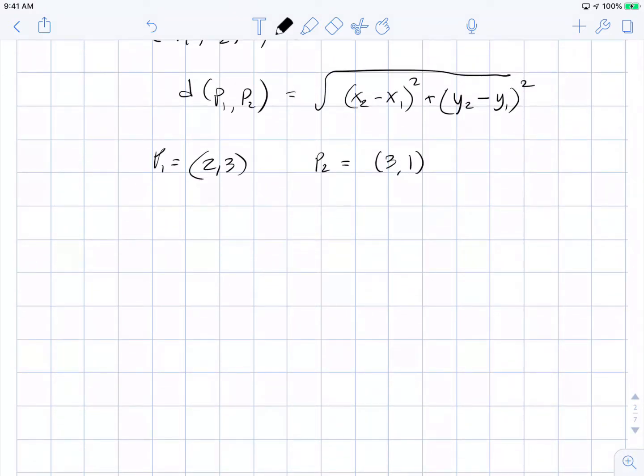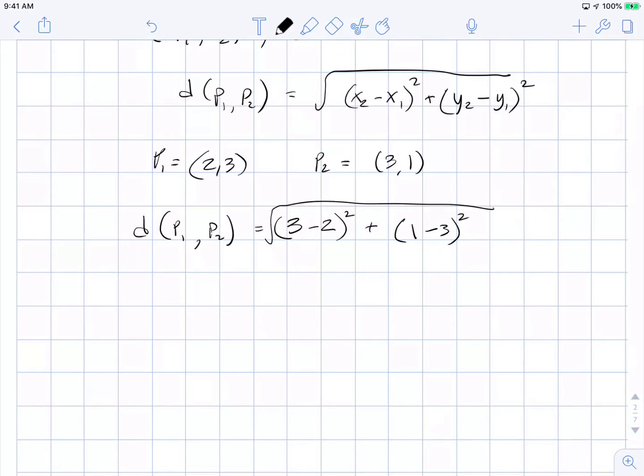The distance then, the distance of P1, P2, would be the second point x, minus the first one, which is the 2, squared, plus the y from the second point minus the y from the first point, all of that square rooted.